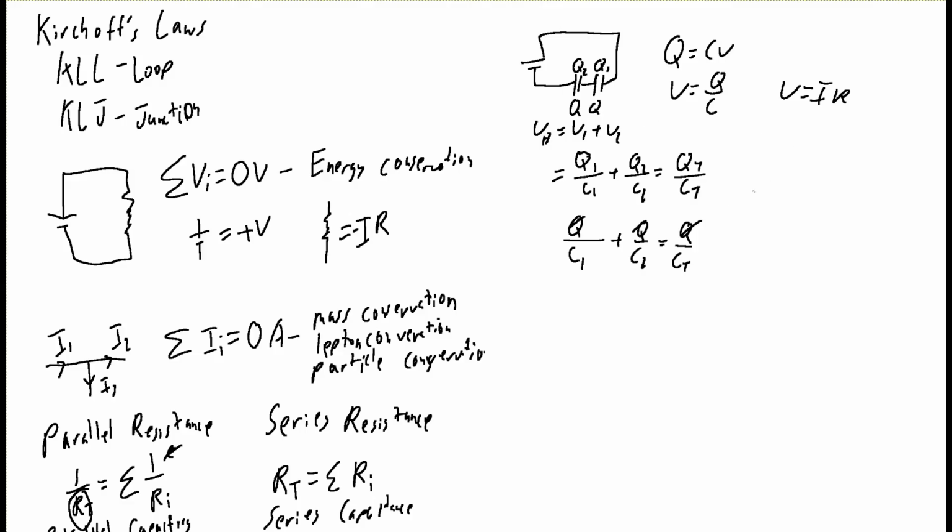But there's another way to look at this. Capacitance for a parallel plate capacitor is epsilon naught times the area over the distance. And so in this case, if we have these, we're basically making the distances come together.